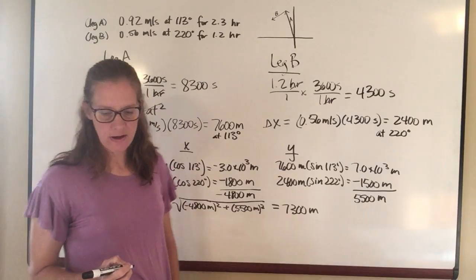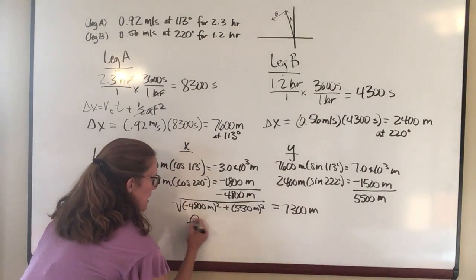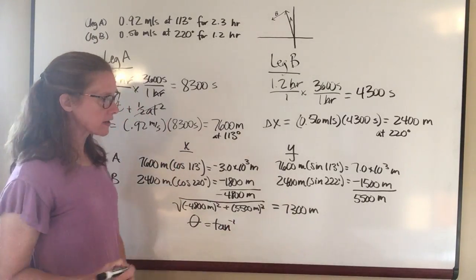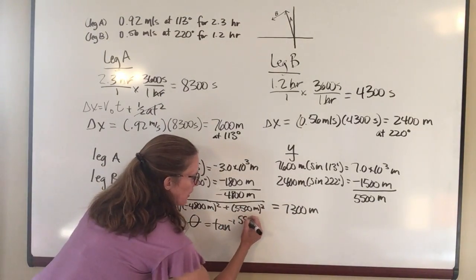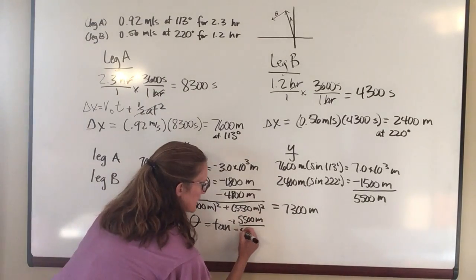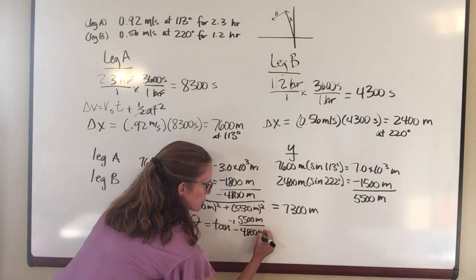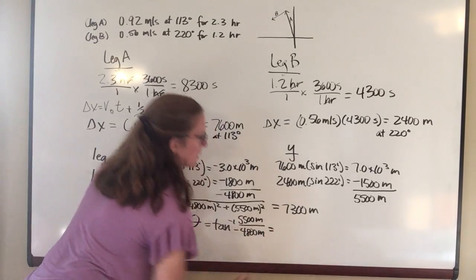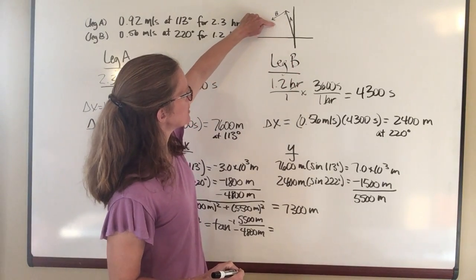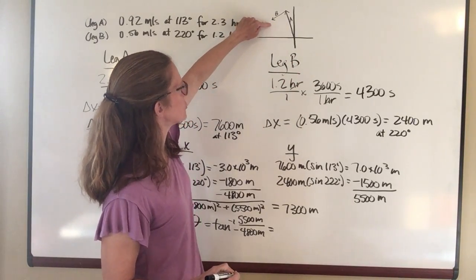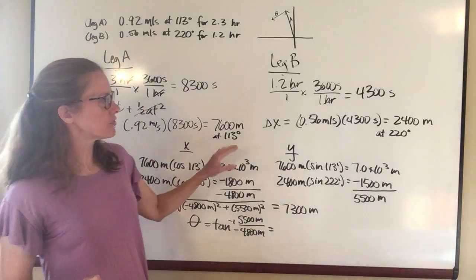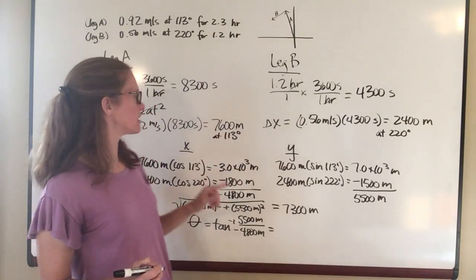To find the angle, I have to take the inverse tangent of the y component, which is 5,500 meters, over the x component, which was a negative 4,800 meters. Now I would expect that the displacement vector is going to be coming this direction. These are actually velocity vectors, but even if I would have graphed the displacement vectors, they're still going to be similar to this.